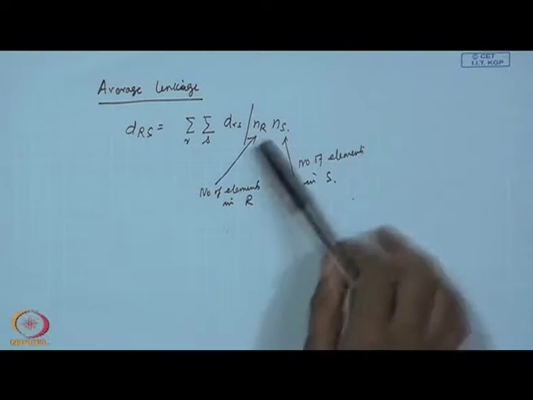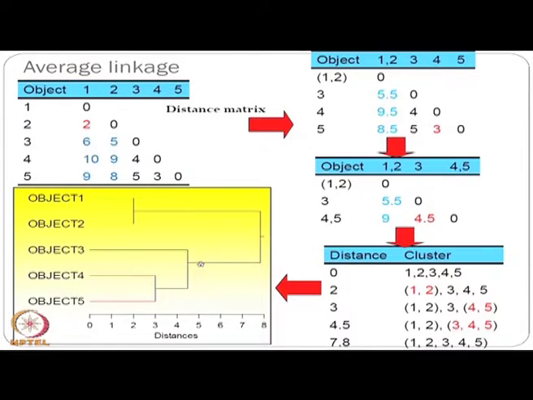Now, how will it work? If I go back, you see we are saying average linkage here. This is an example where 5 objects are to be grouped and the distance measures 2, 6, 5, 10, 9, 4, 9, 8, 5, 3 are computed using a certain metric, let it be Euclidean distance.